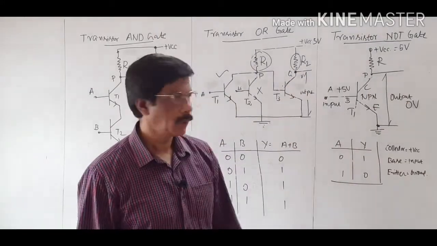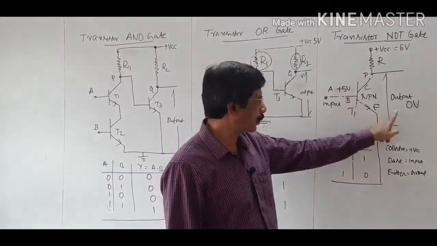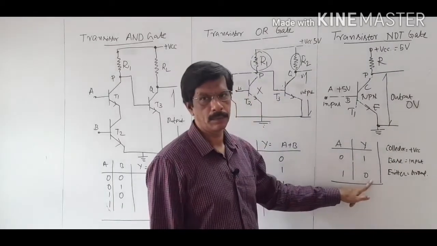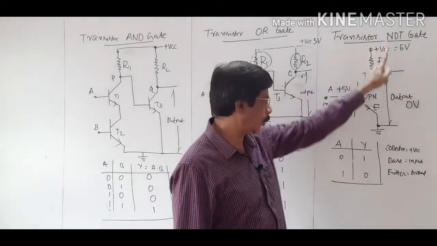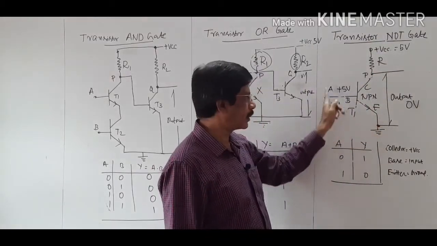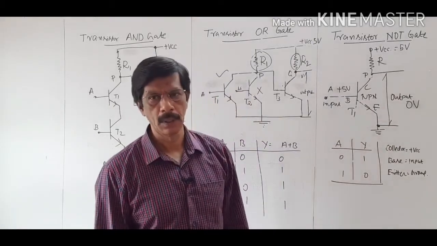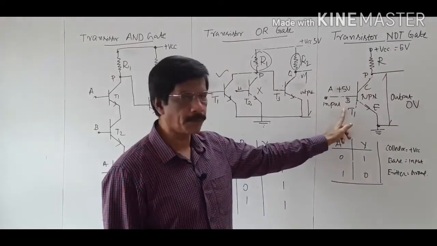Logic 0. The input is logic high plus 5 volt, the output is equal to 0. That shows the second end of the truth table. This is the operation of NOT gate using transistor. This circuit is normally called as switching transistor circuit. For switching case, this type of circuit is used.